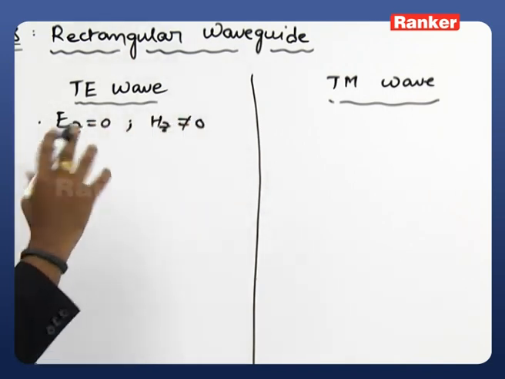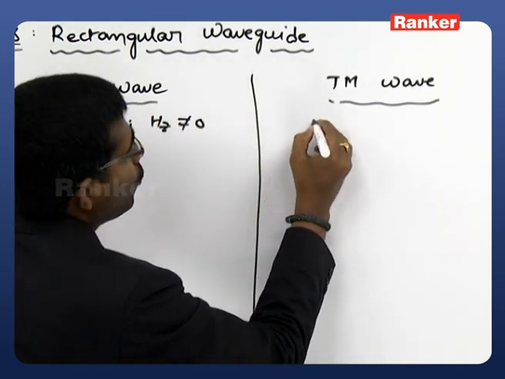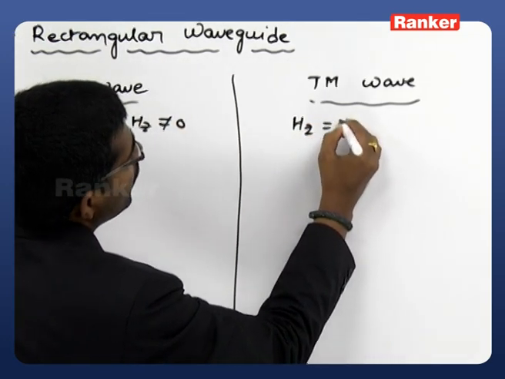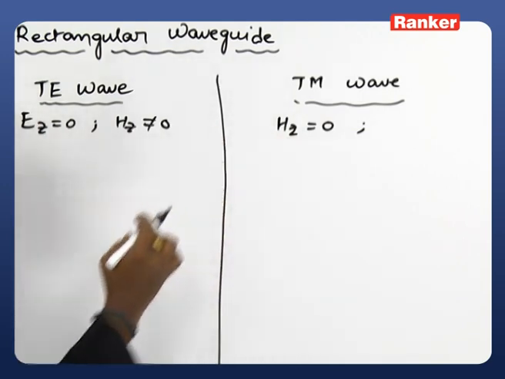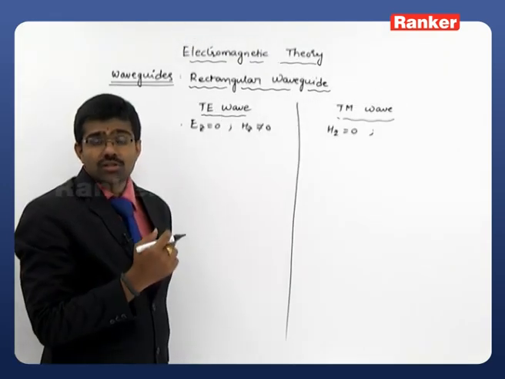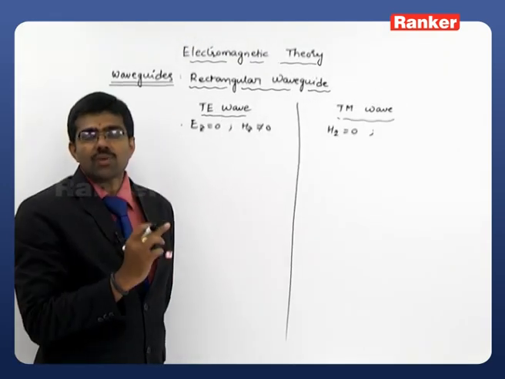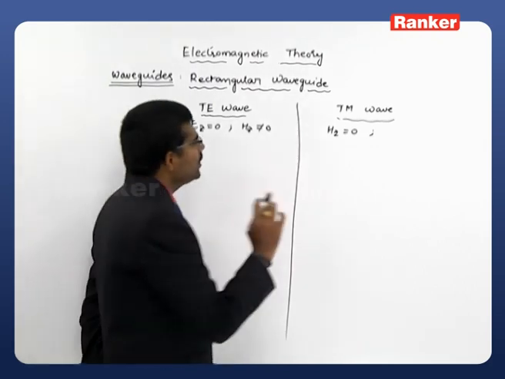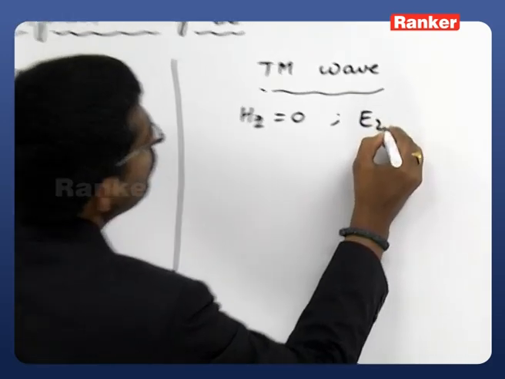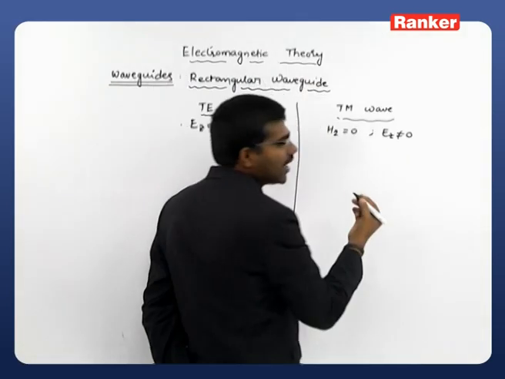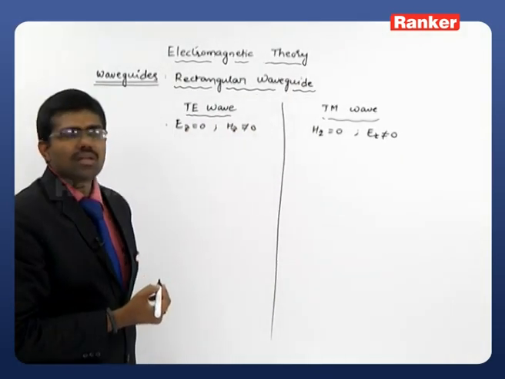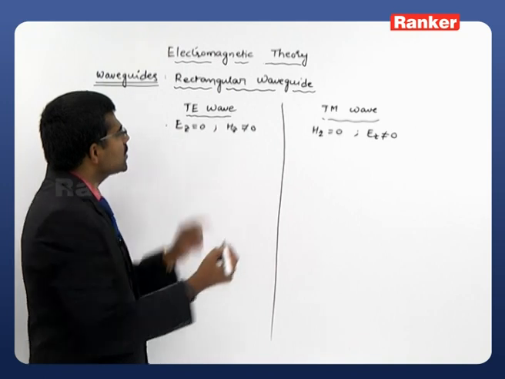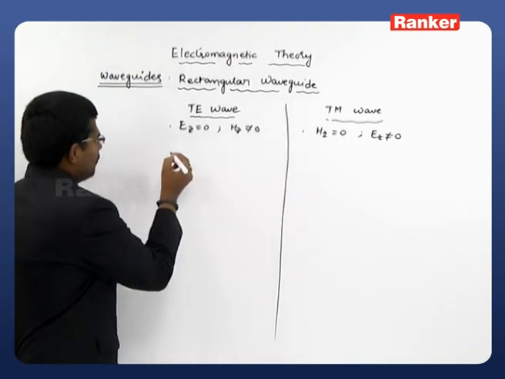Exactly opposite to this, for TM there will be no magnetic field component along the direction of wave propagation. So Hz equals 0, we substitute in the general equations of Ex, Ey, Hx and Hy, and solve them. And here Ez is not equal to 0, so substitute Ez and differentiate it according to the requirement. So these are the basic conditions for our TE wave and TM wave.